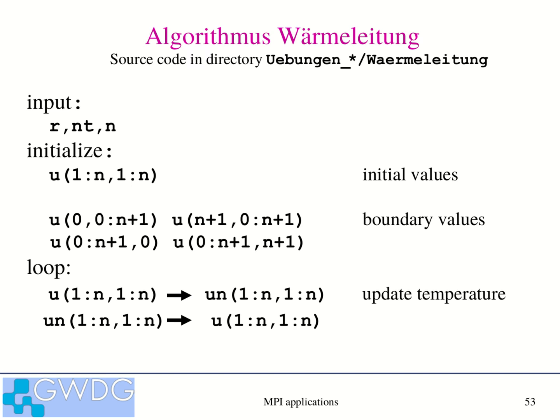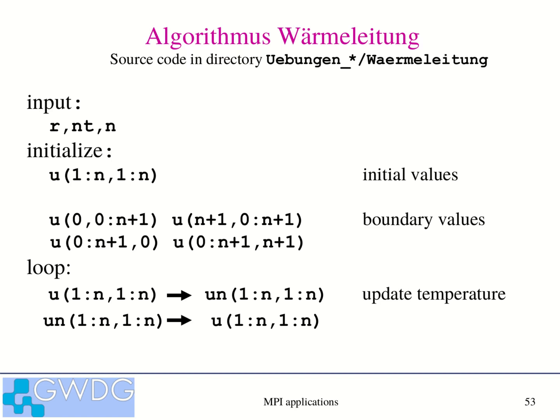and then I have to do a loop, and I have the old values, and with this formula from before, I calculate the new values at all the inner points. And then I can do the same and take the new values as input and override the values.